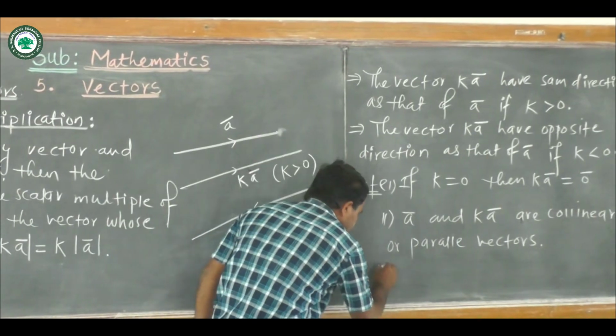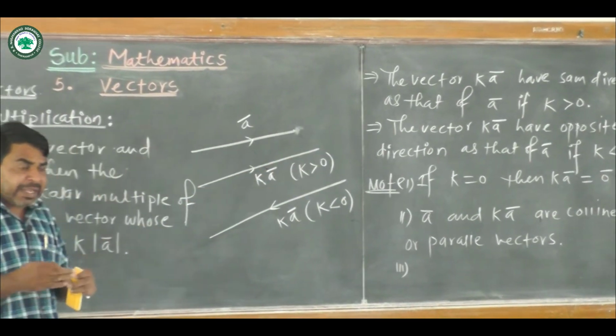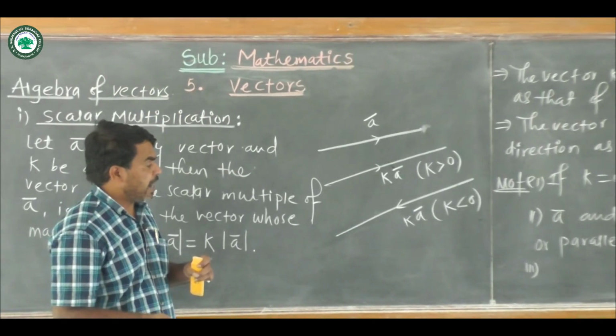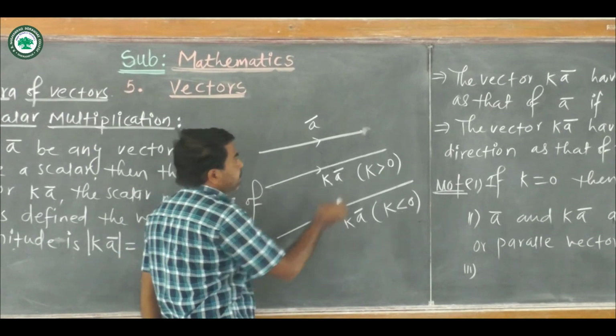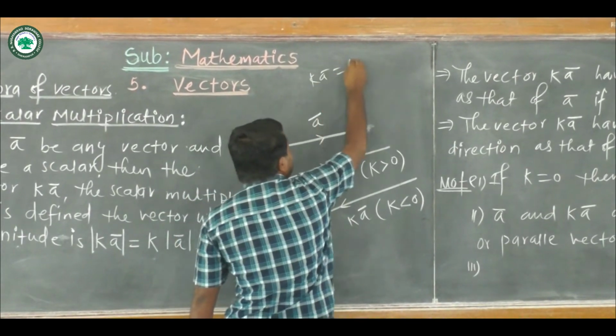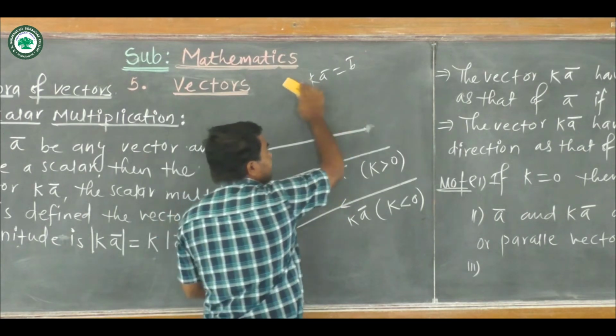Third note, see, a bar and k into a bar are parallel vectors. If we denote k into a bar for some time as b bar, then a bar and b bar are collinear vectors.